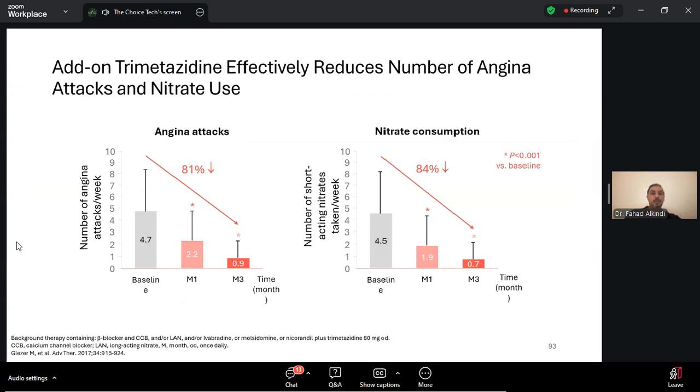And it has been shown that adding on trimetazidine effectively reduces the number of anginal attacks and also reduces the need for nitrate use, in which many patients also suffer from side effects like headaches and hypotension.